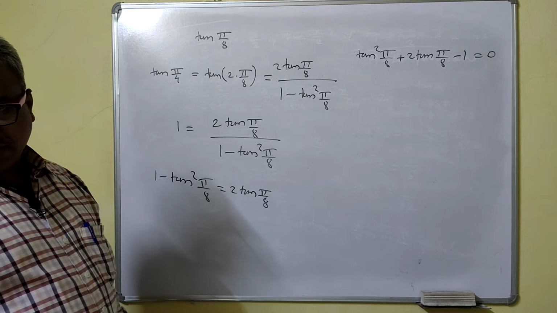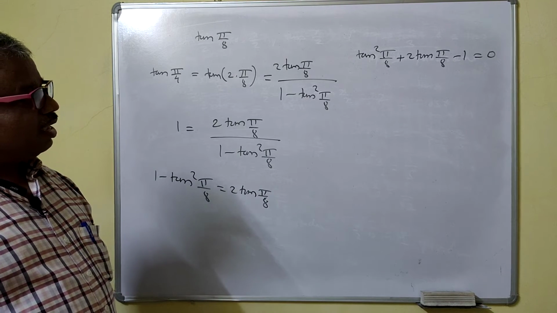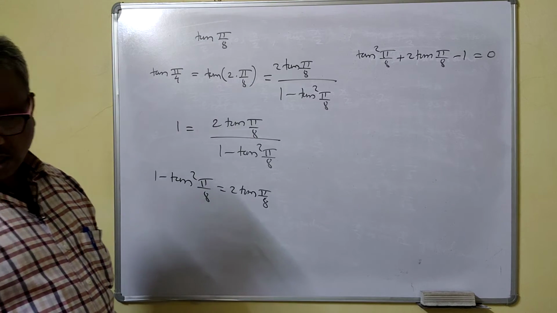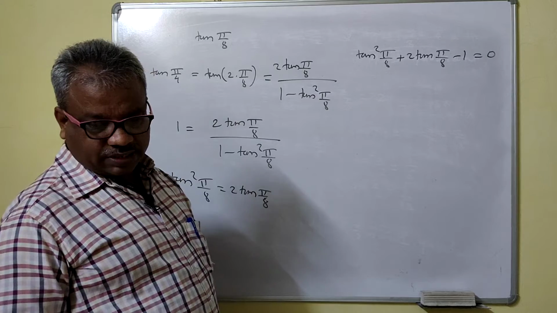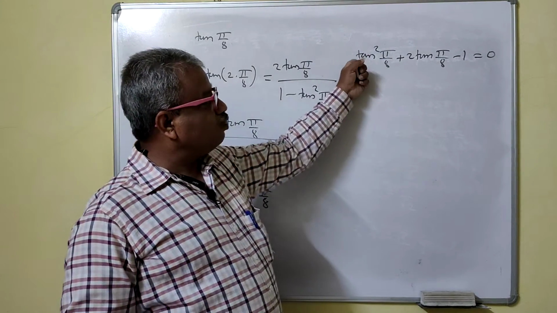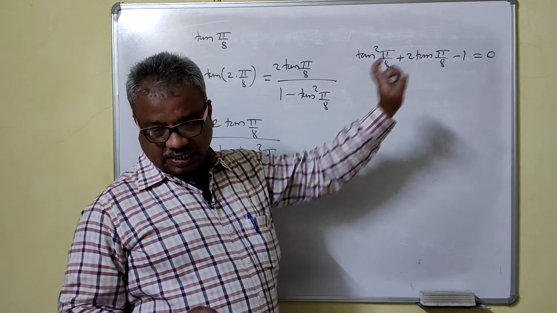Now this is a quadratic equation in tan. So we will apply the roots of the quadratic equation, that is minus b plus or minus root of b square minus 4ac upon twice a. Your x is tan pi by 8. Your a is 1, your b is 2 and your c is minus 1.